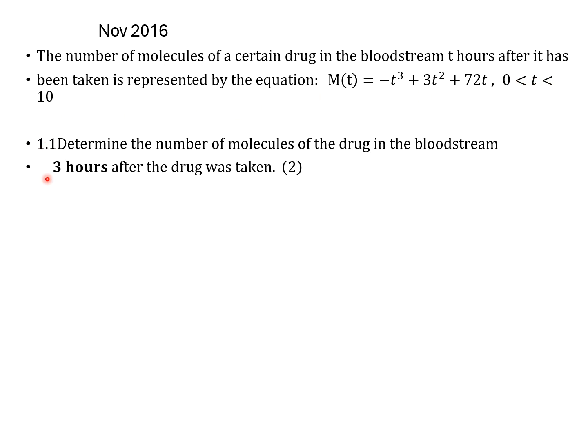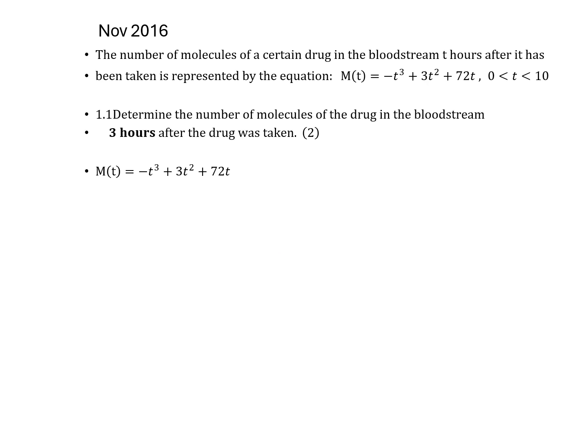For 1.1, they say determine the number of molecules of the drug in the bloodstream 3 hours after the drug was taken. So we want the number of molecules in the bloodstream at 3 hours. Technically all you're saying is this t will become 3, and we substitute it wherever we see t. So M(t) equals minus t cubed plus 3t squared plus 72t, and we have 3 hours.